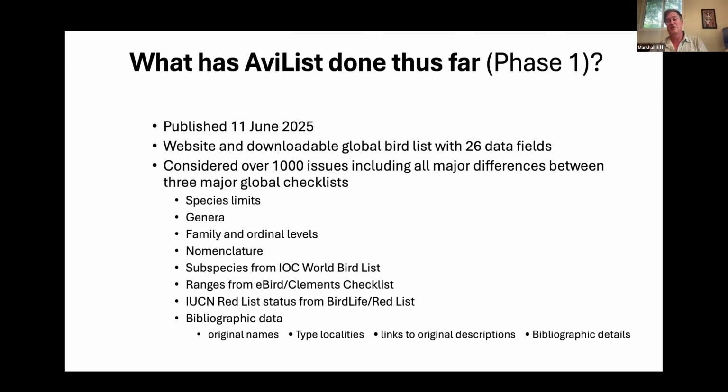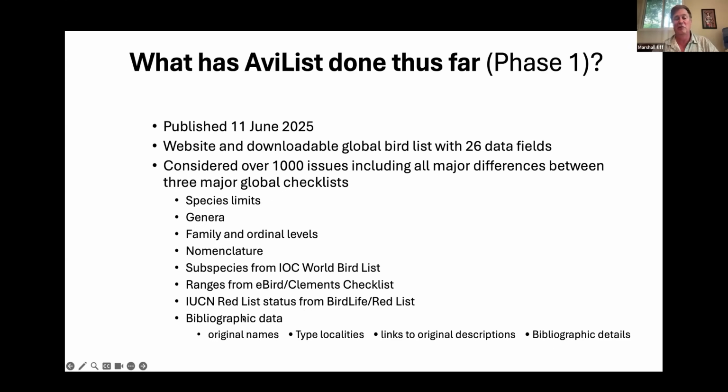The ranges are straight from the eBird Clements checklist. Pam, again, has really taken a major role in making sure that those sync up between eBird Clements and AviList. The list also includes IUCN Red List status in all the places where the taxa are aligned and we can provide it.